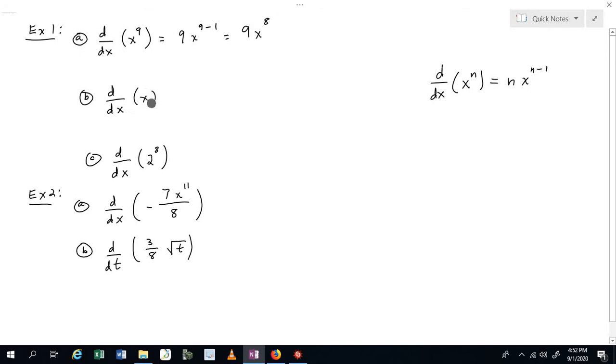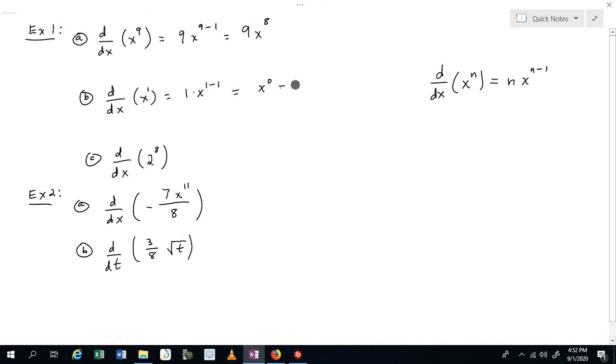Okay, what about this one? The derivative of x with respect to x. Well, notice that this is x to the first power. We normally don't write the first power here. Normally we just write x, but it really is x raised to the first power. So you can use the power rule here, and you would just get 1 times x raised to the 1 minus 1 power, which is just x to the 0 power.